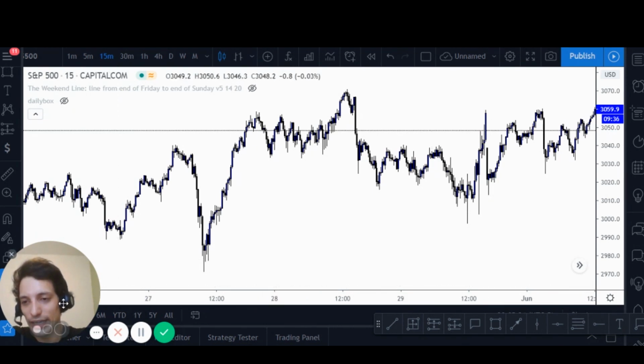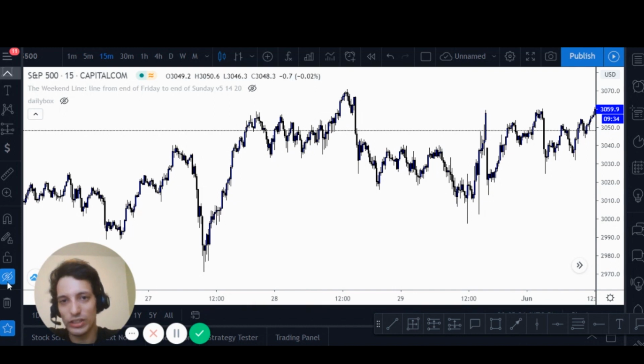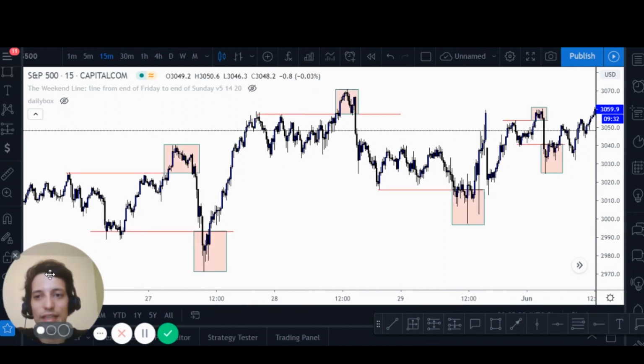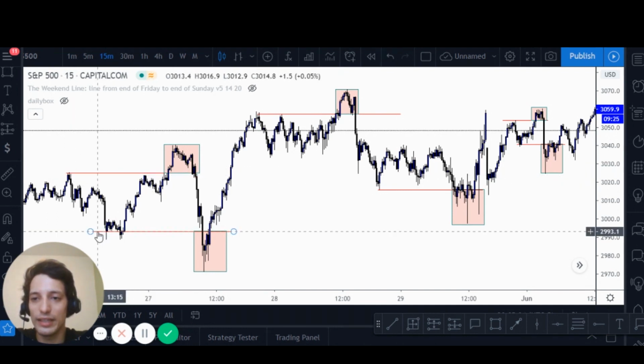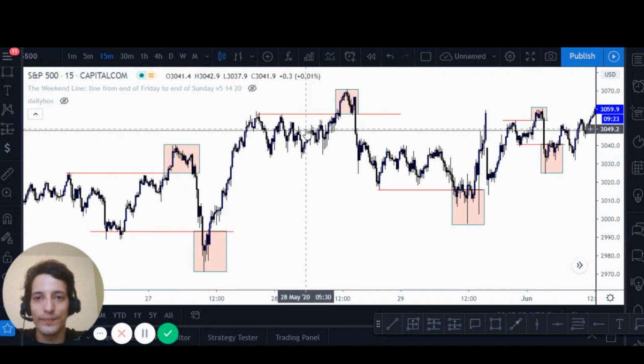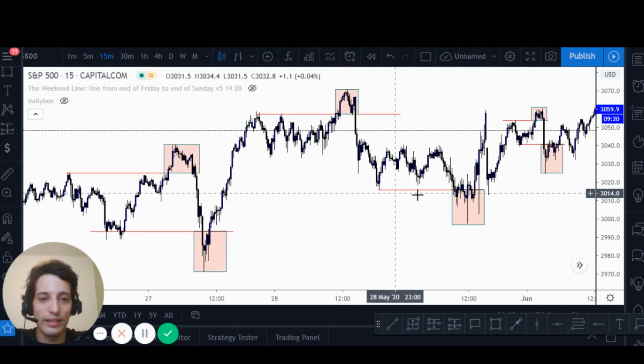So let's go ahead and put our drawings here. You can see that I drew a line above each old high and below each old low. We have a line above each old high and a line below each old low.